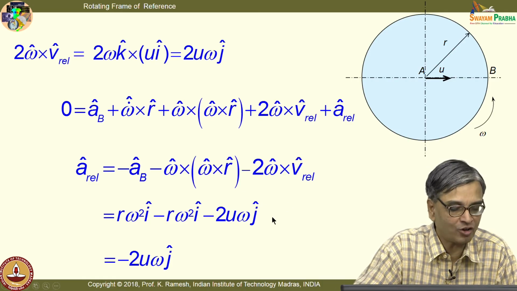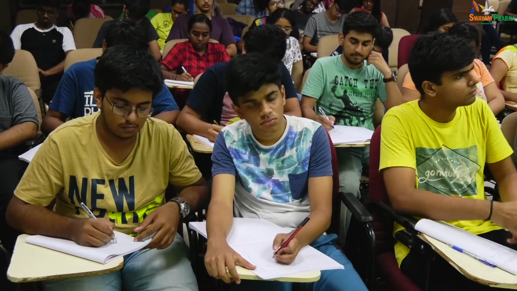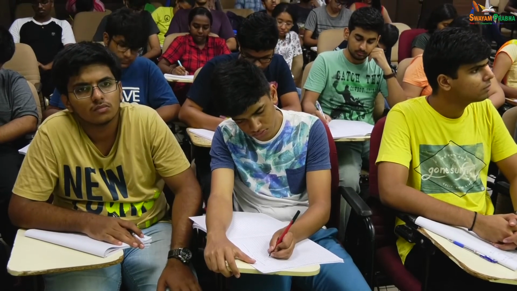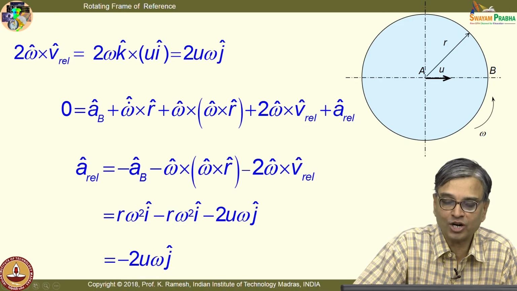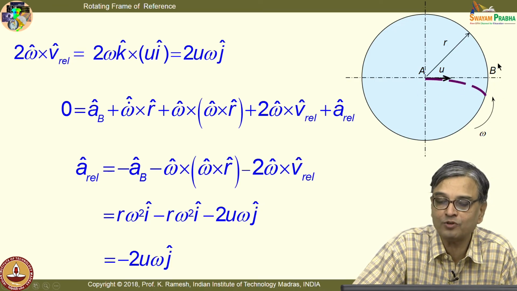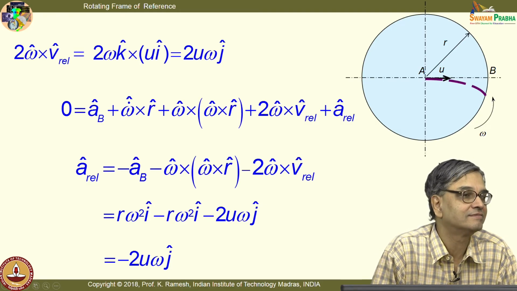Here I have a constant acceleration minus 2 u omega. So, what would the deviation be? It would again be a parabola. Okay. So, that is what you see here. The person would observe this particle experiences a motion like this in the horizontal plane. Is the idea clear?